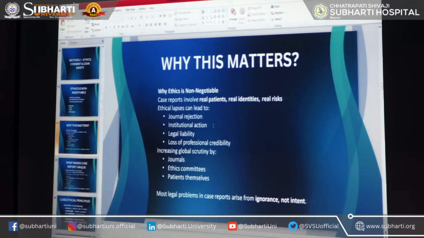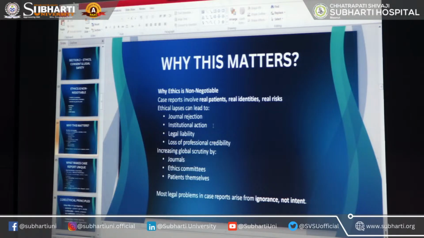In the last few years, there has been increased global scrutiny by journals, ethical committees, and patients themselves. As a resident, you know that when you submit your thesis, first you get a topic and propose it to the committee. What is that committee? It is an ethical committee.